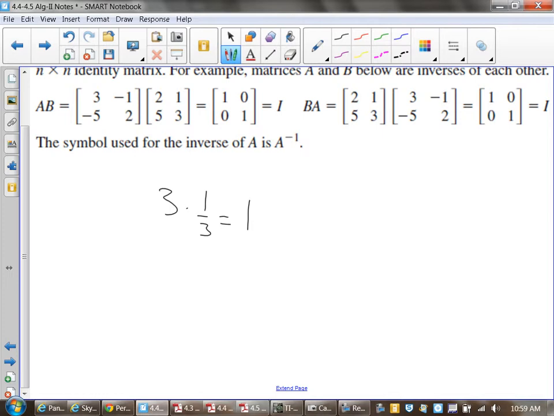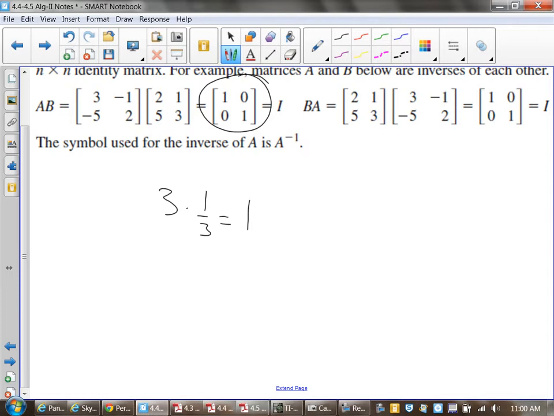In an identity matrix, you have 1s on the diagonals, and that many 1s depending upon how many rows and columns you have. These are all going to be square. So if it's a 2 by 2, you have just 2 1s. If it's a 3 by 3, you have 3 of them.